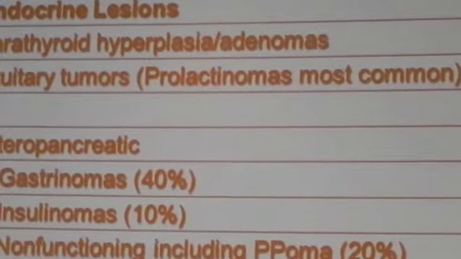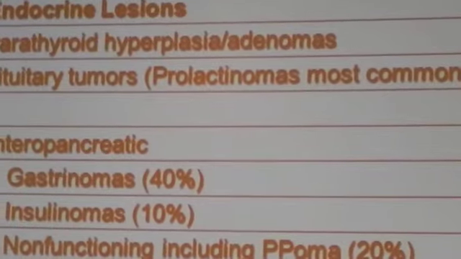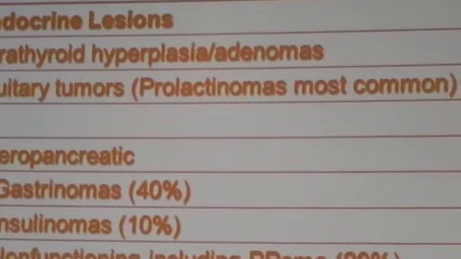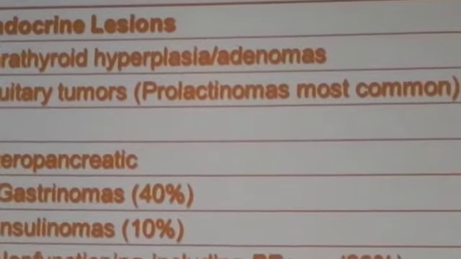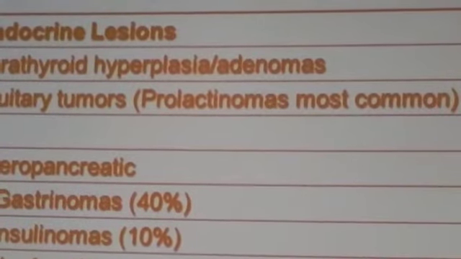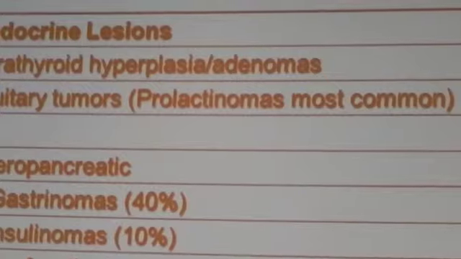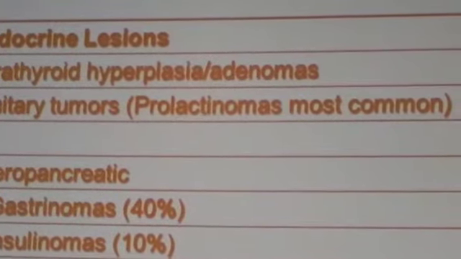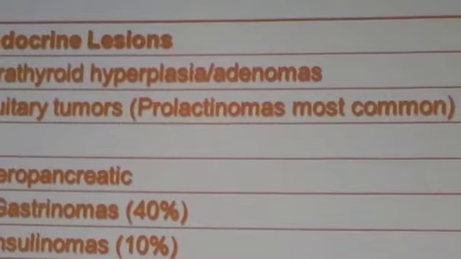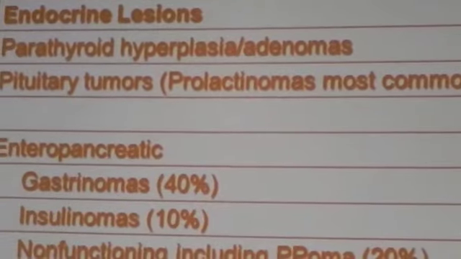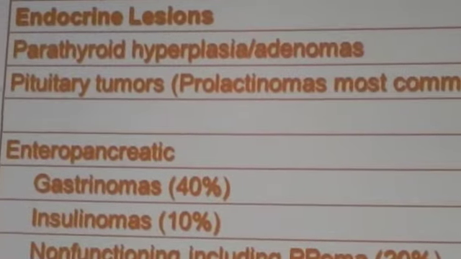And then within the GI tract, we have lesions such as gastrinomas, and we're not highlighting it, but a lot of these tumors are benign, and then lesions like gastrinomas are usually malignant tumors when they're presenting in the duodenum or within the pancreas in some cases. Insulinomas are commonly benign lesions, as we look at these under the microscope in surgical pathology. And then there are non-functioning tumors such as pancreatic polypeptide producing tumors that are part of MEN1.